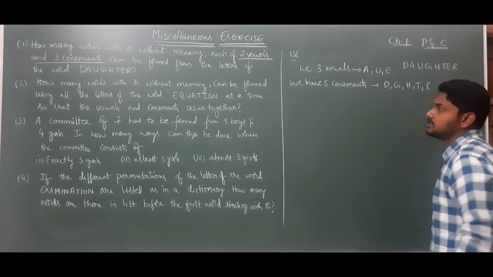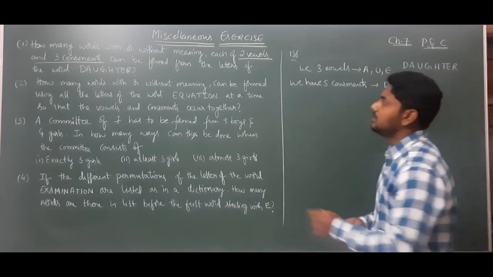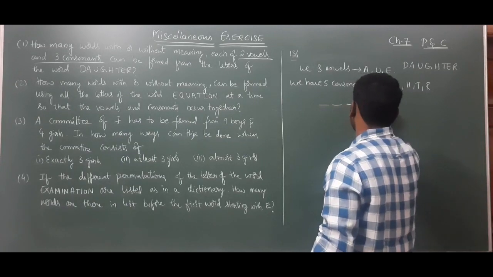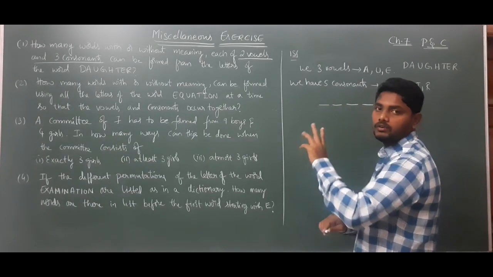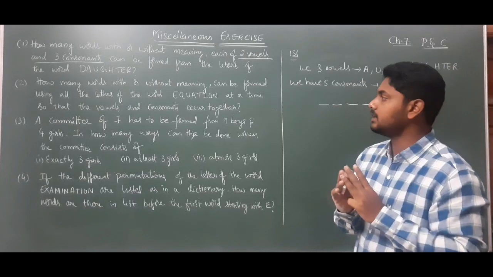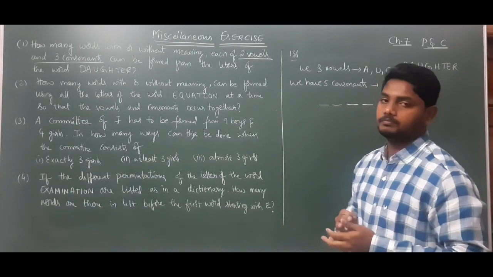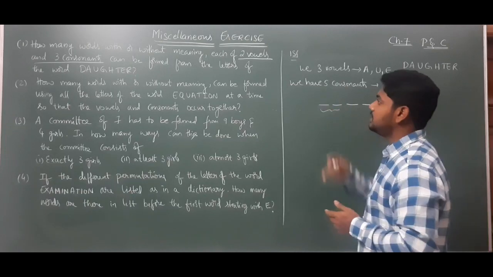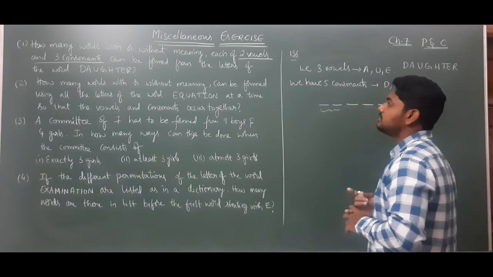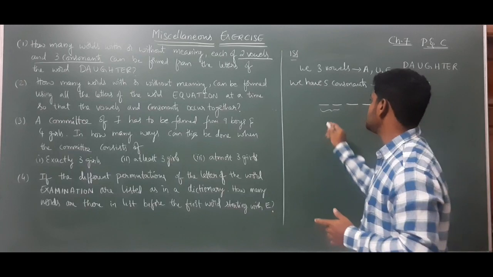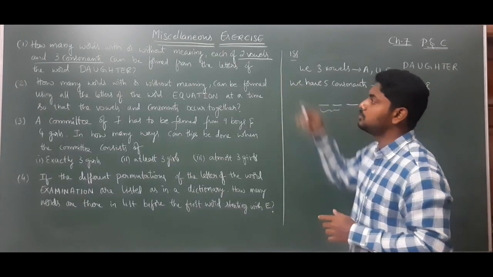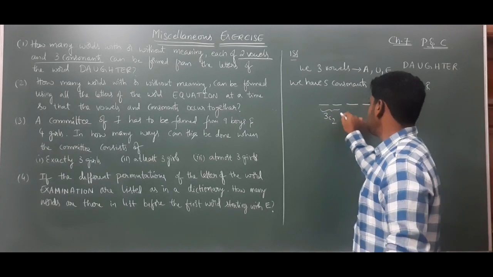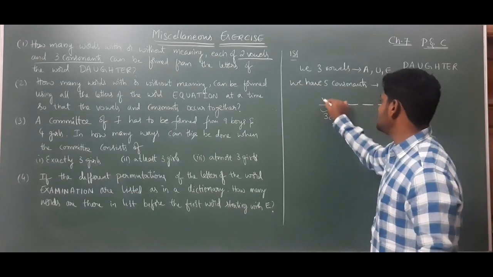We have 5 consonants. Now, from this data, we need to form each of 2 vowels and 3 consonants. That means total 5 letter word, 2 vowels plus 3 consonants. In how many ways can we form? 2 vowels we can select out of 3 vowels in 3C2 ways.